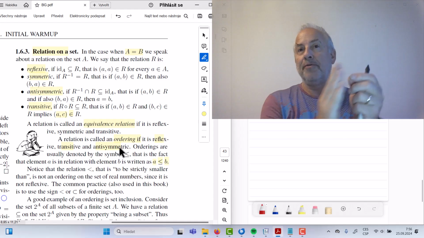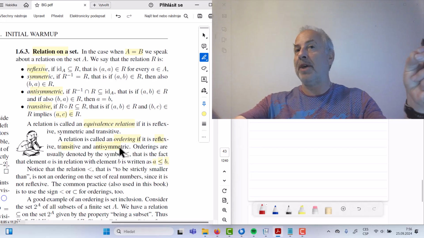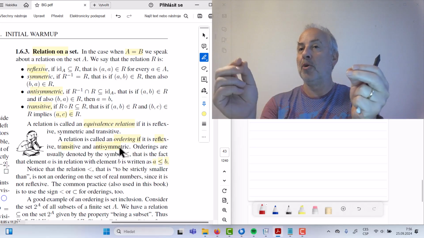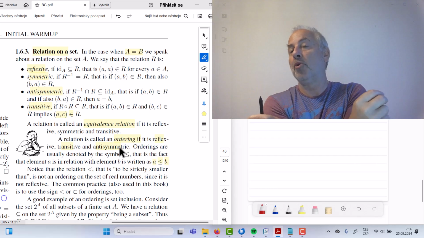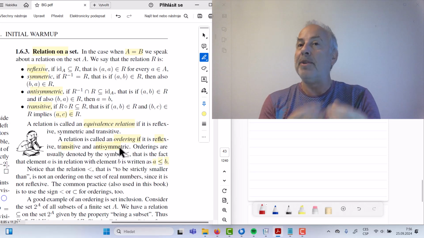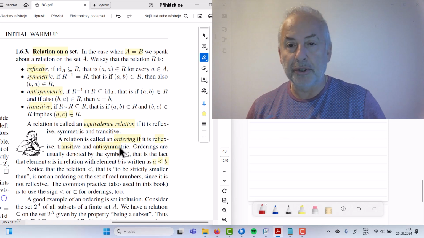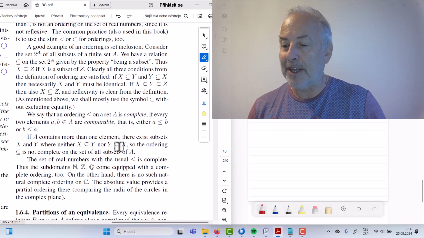That's clear, because if A is smaller than B and B is smaller than C, then we want the same relation between A and C. And if A is smaller than B, then we don't want to see that B is at the same time smaller than A, except when they are equal, right? So that's the antisymmetry.